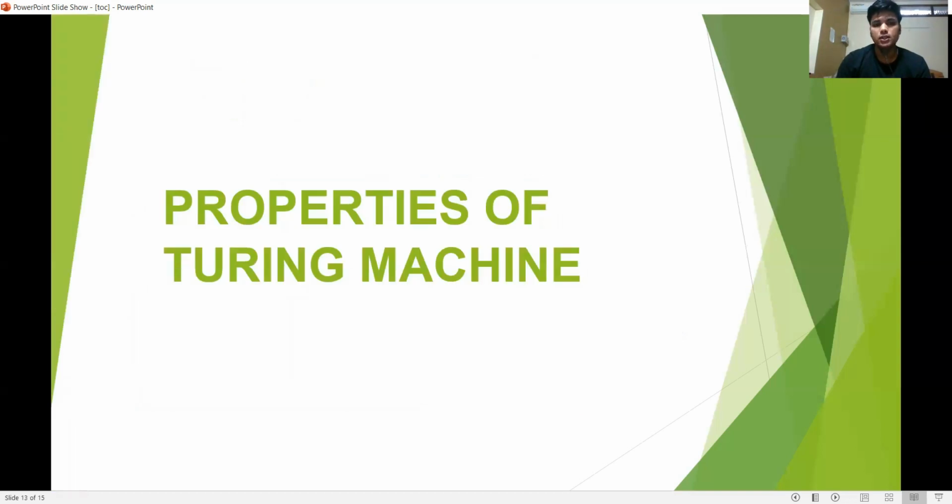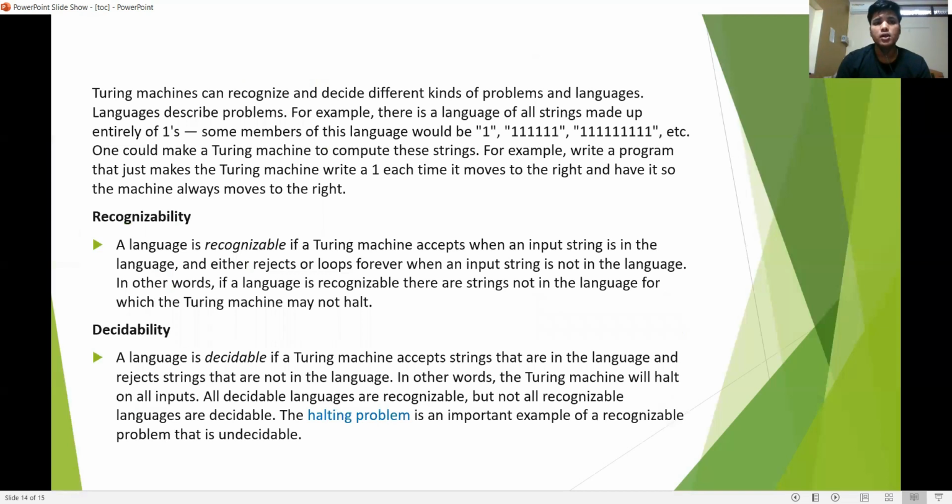Properties of Turing machine. Turing machine can recognize and decide different kinds of problems and languages. Languages describe problems. For example, there is a language of all strings made up entirely of ones. Some members of this language would be 1, 11, 111, and so on.